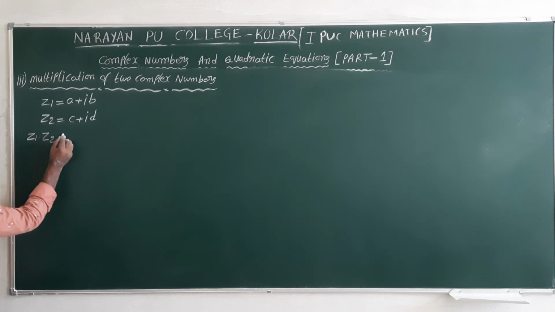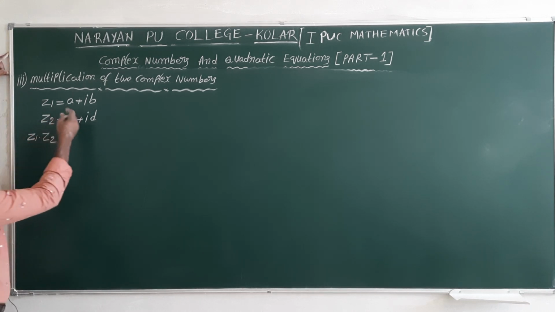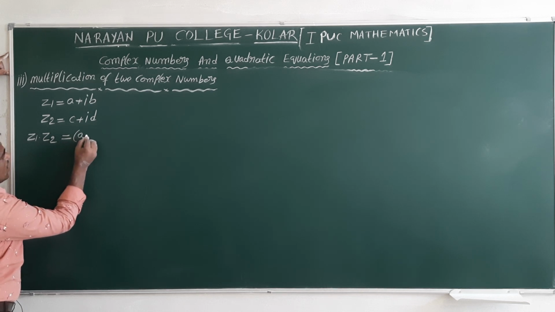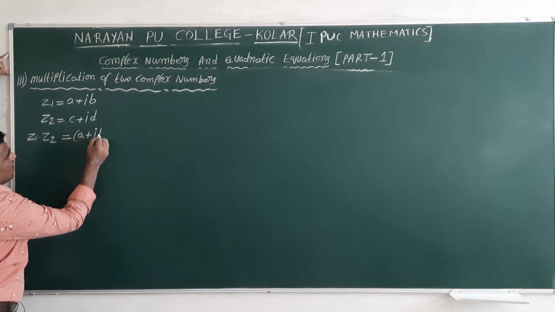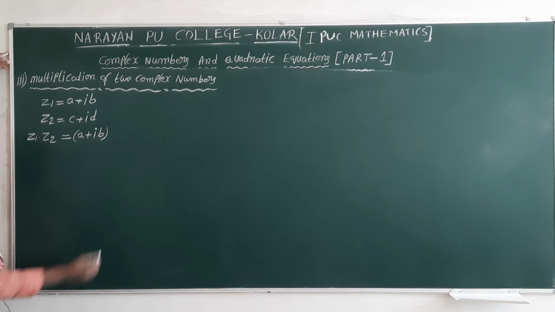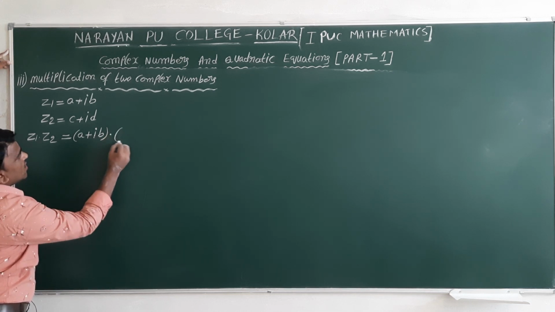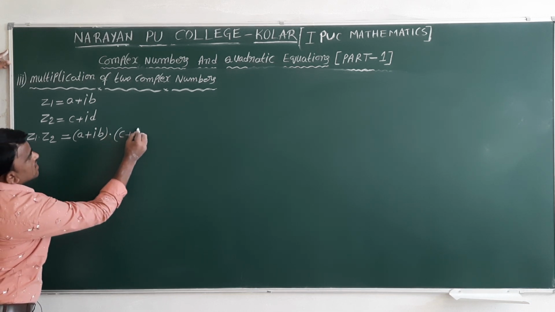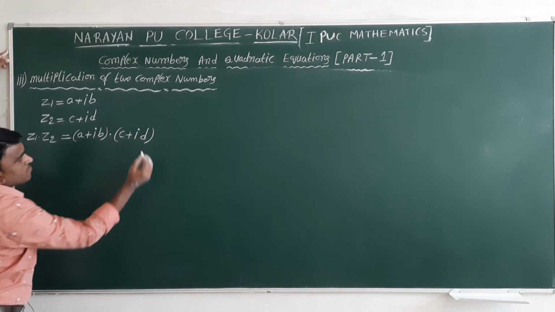Listen how to multiply two complex numbers. Z1 is A plus IB into Z2, which is C plus ID.